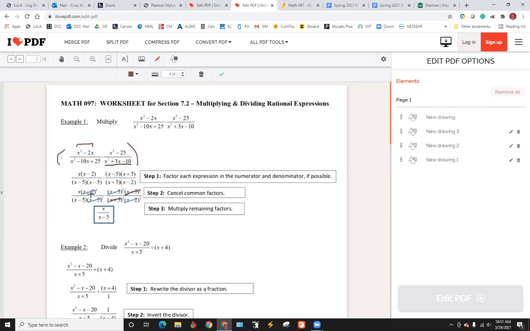There's an x minus 2 up here and an x minus 2 there. As long as it's top to bottom and they're the same, you can take out any factors. And then over here, you've got an x minus 5 in the numerator and x minus 5 down there. And then it's x over x minus 5.